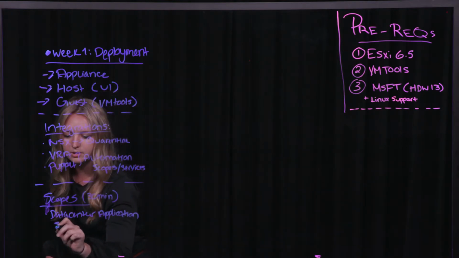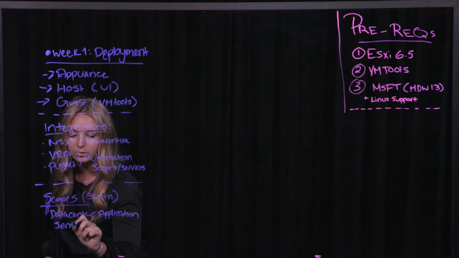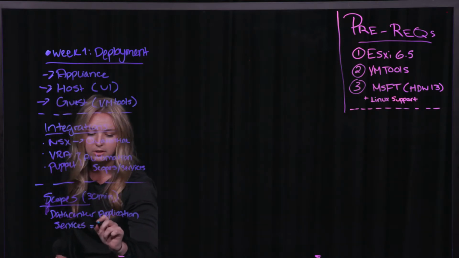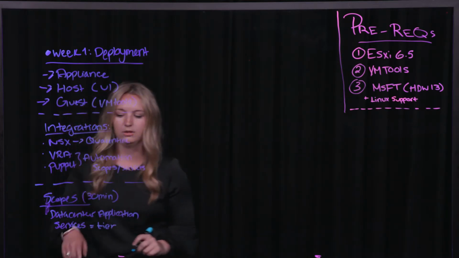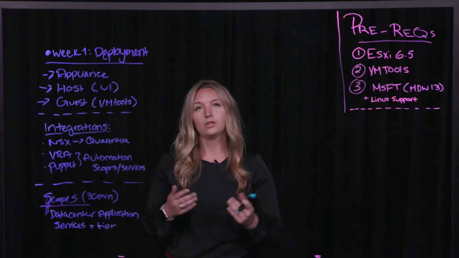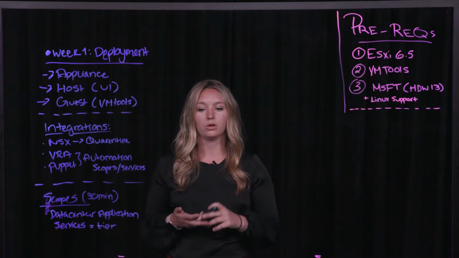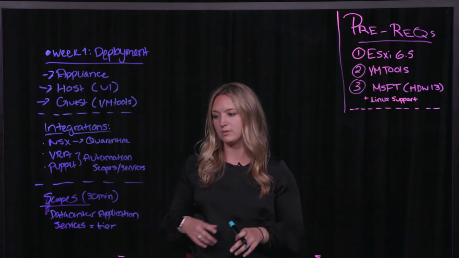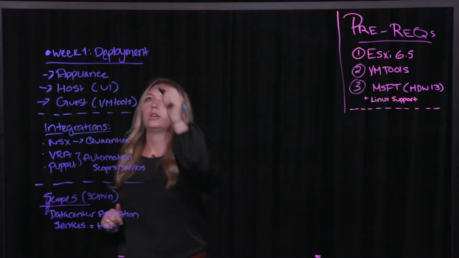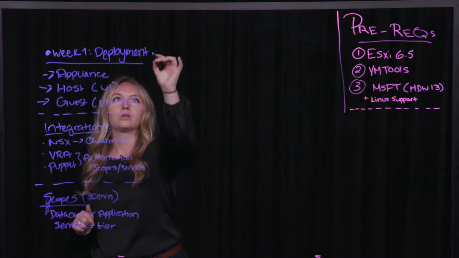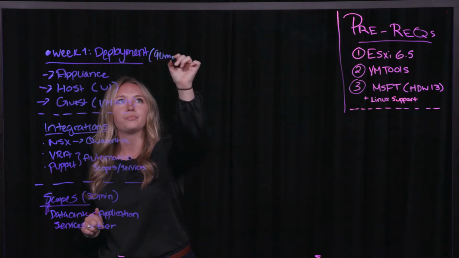And a service, which lives within the scope, is going to be a tier of that data center application. This could be, for example, like a web server, a database, an app server. We have many options for that. So essentially the first initial deployments of these 3 will be about 90 minutes.